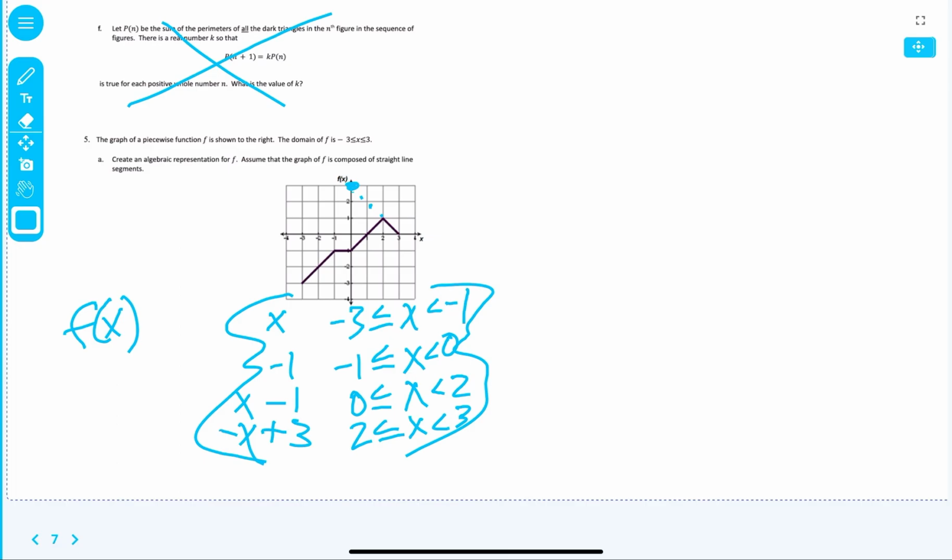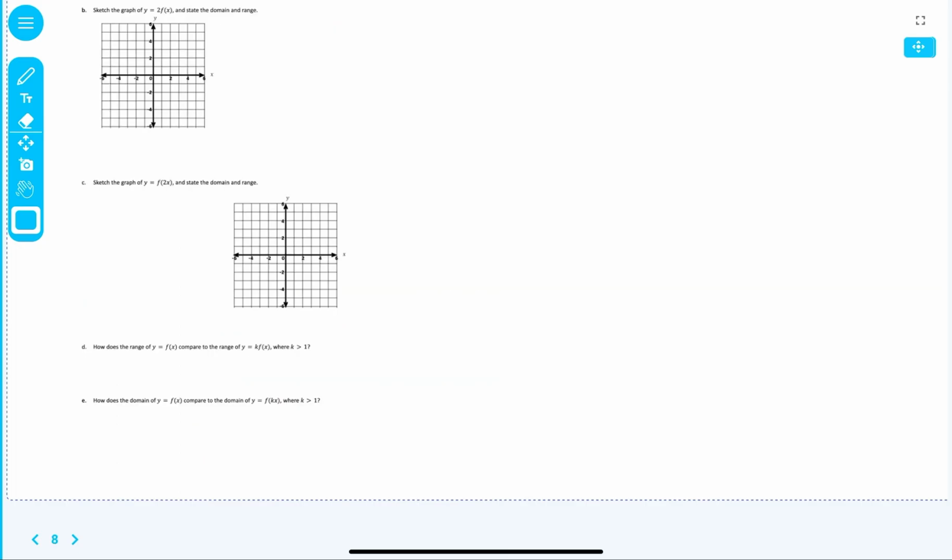Now then, let's go to page 7. We have to sketch the graph of y equals 2 f of x and state the domain.